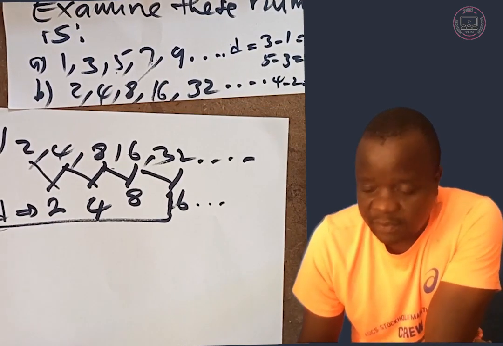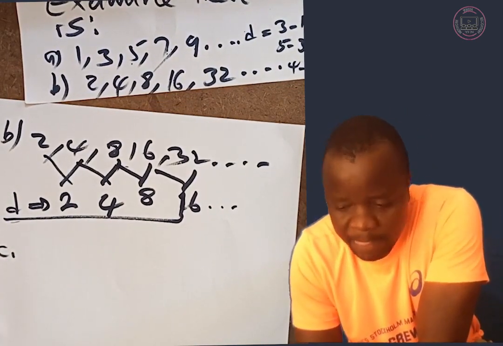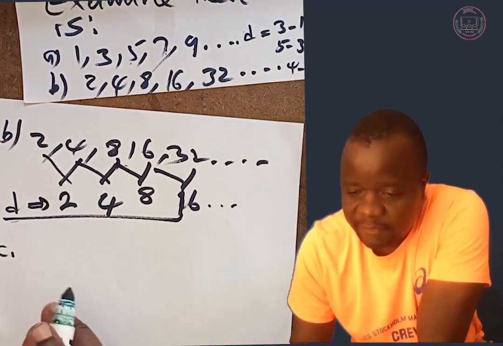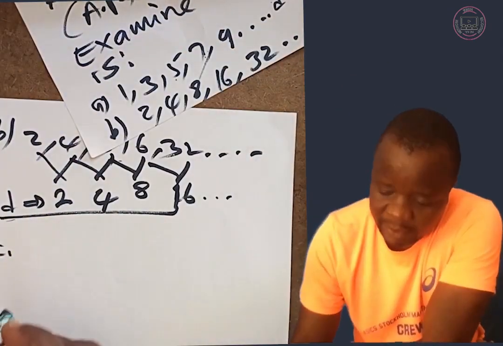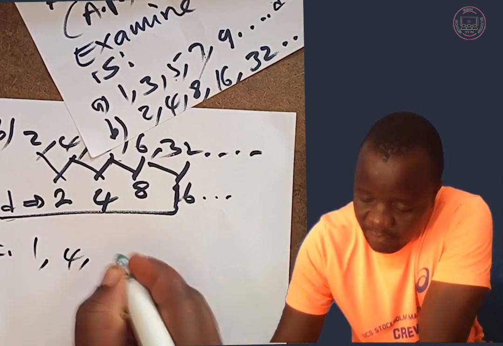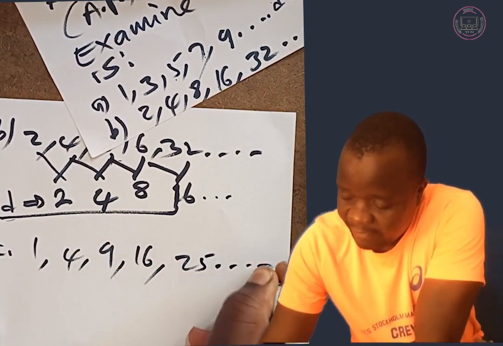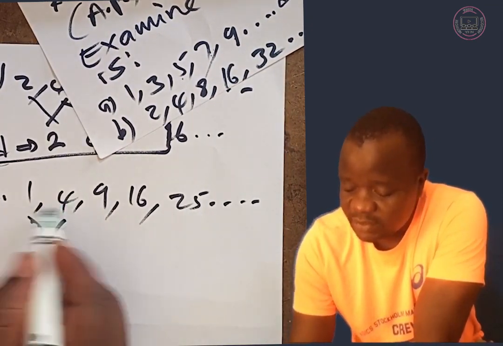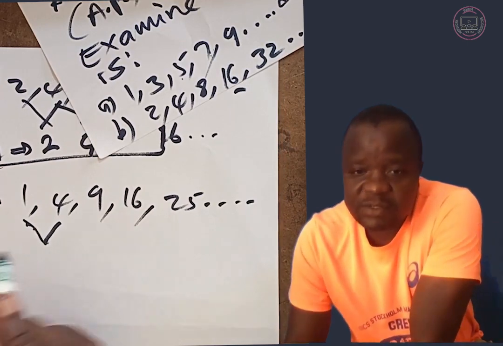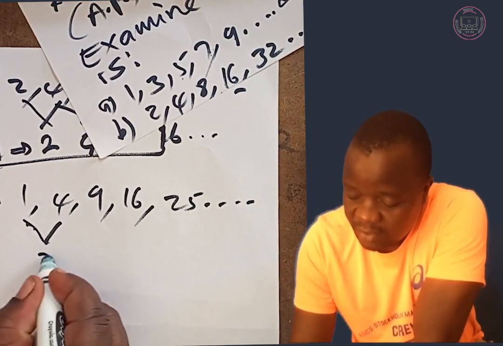We continue from there. Let us also analyze D there. We see that we have another sequence, which is 1, 4, 9, 16, 25. Now again, if we take these two successive numbers, we get the difference, 4 minus 1, 3.